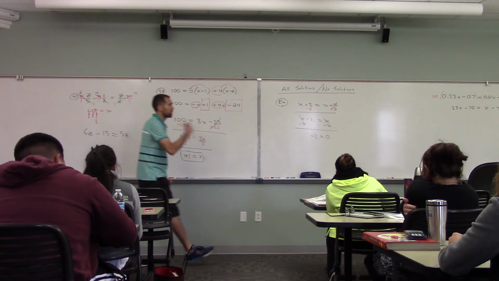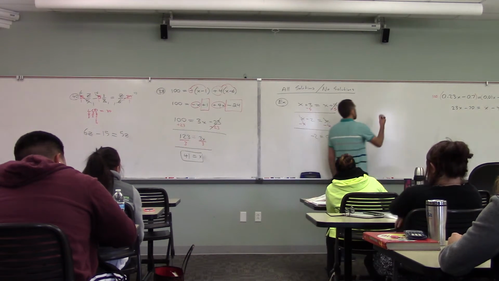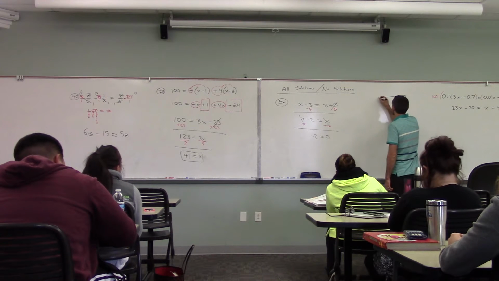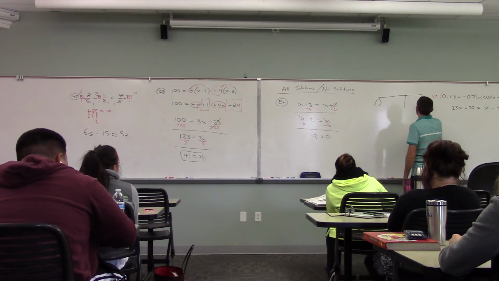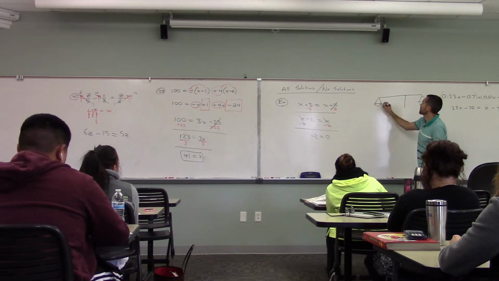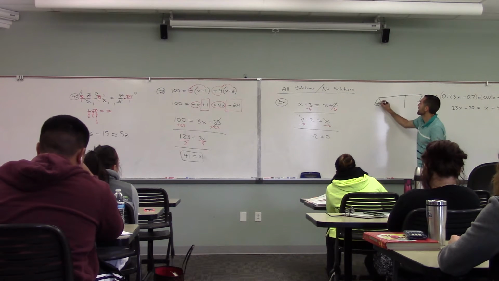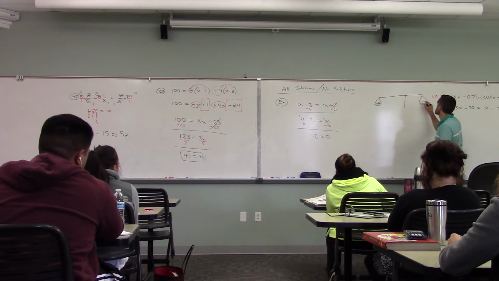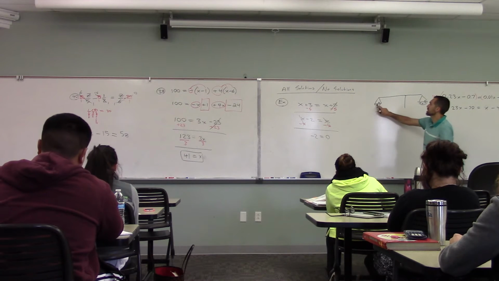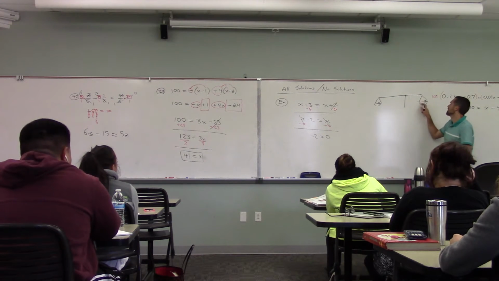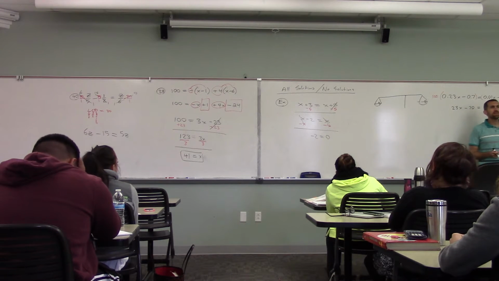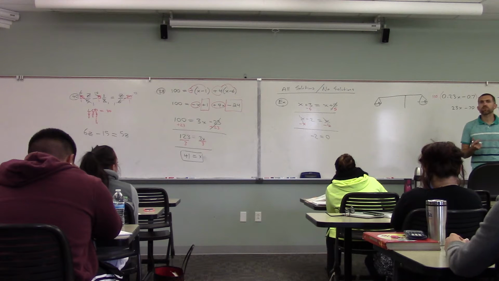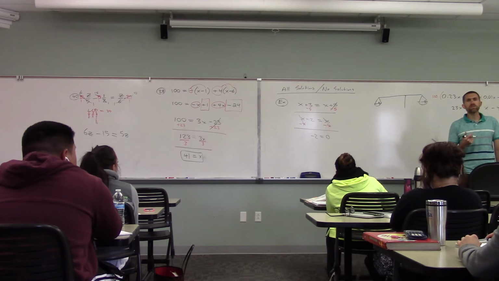Think of it like what we talked about yesterday with the scale balancing. Okay, here's our scale balancing. Think of it like we had a bunch of x's on here and a number, and a bunch of x's and a number, and we took the x's away from both sides, and now there's no more x's. Okay? What that means is the scale was either always balanced or always not balanced.